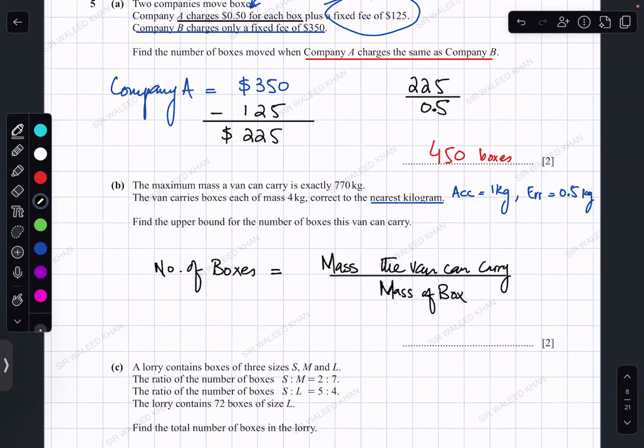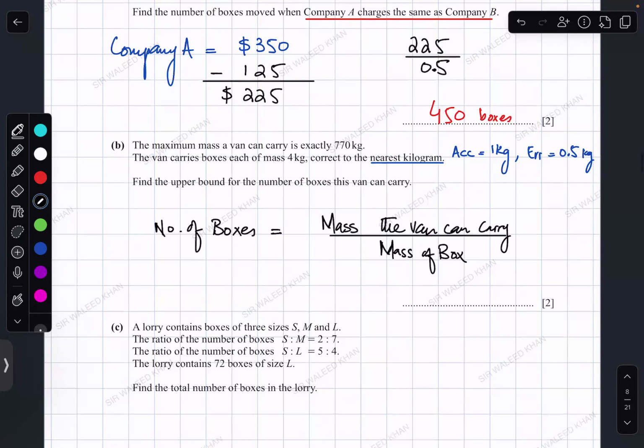This will give you the number of boxes this van can carry. Now whenever we need the upper bound of number of boxes and the formula consists of a numerator and denominator, the numerator should have a bigger value than the denominator. Numerator will consist of the upper bound and the denominator will consist of the lower bound, if an upper bound is required.